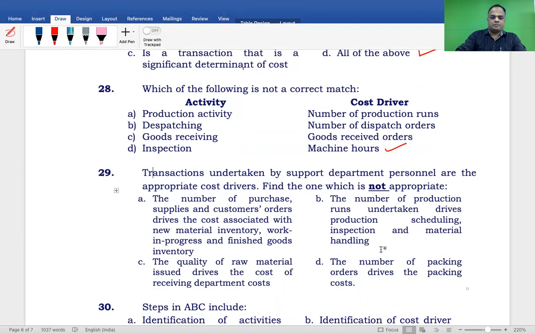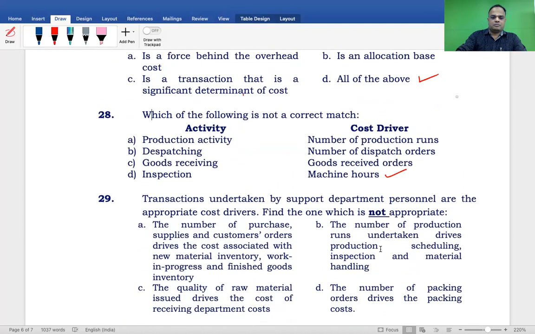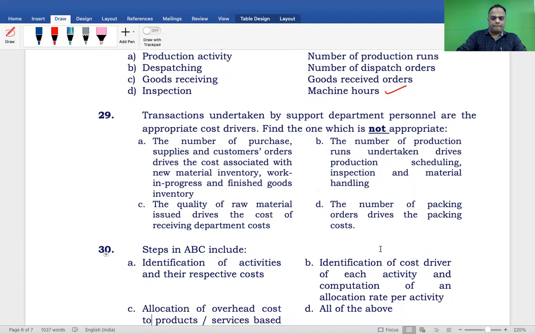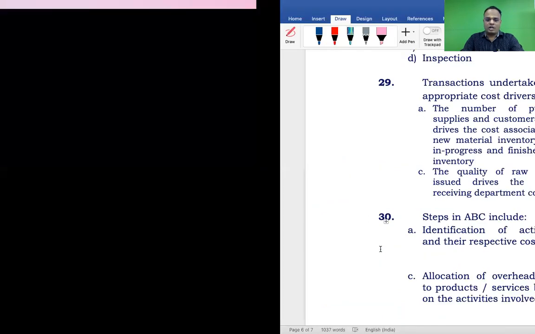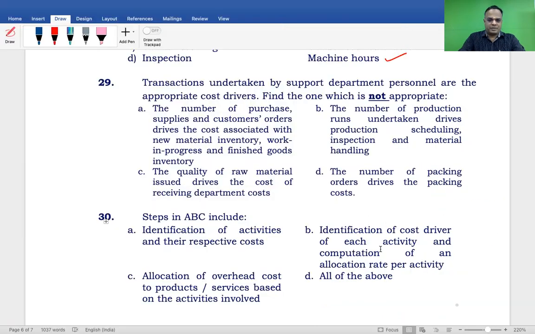Next one. Transactions undertaken by supporting department personnel are the appropriate cost drivers, find which one is not appropriate. Okay. Supporting department, what does not form part of the cost driver? Are you able to follow or not? First one, the number of purchase supplies and customer orders drives the cost associated with raw material inventory, WIP, and finished inventory.